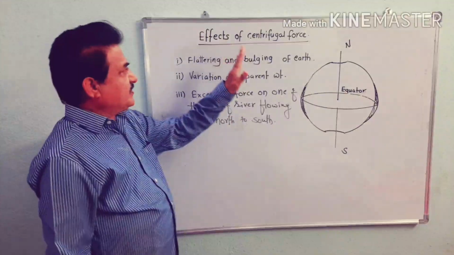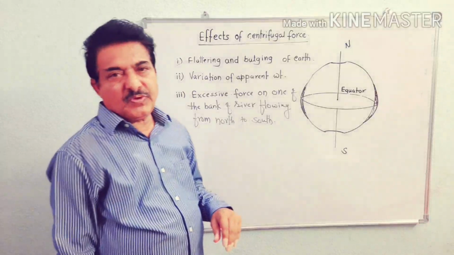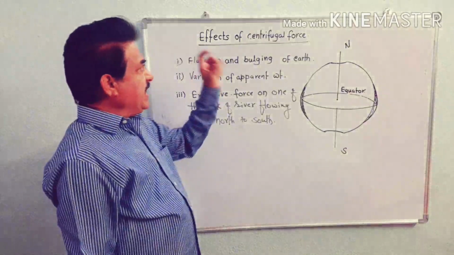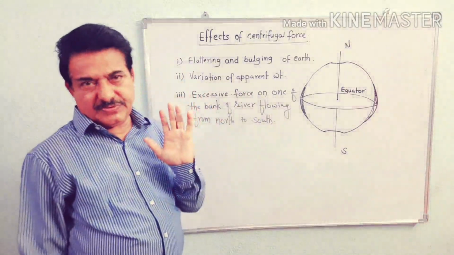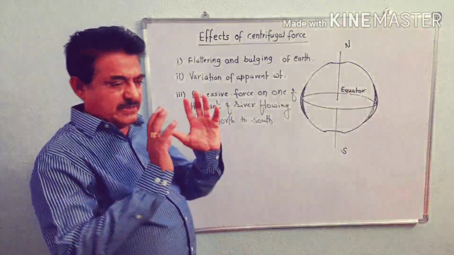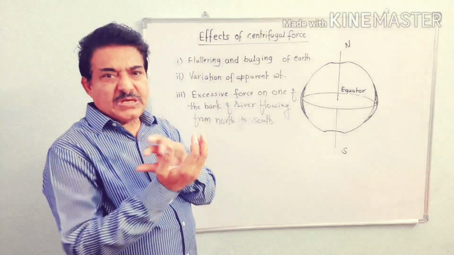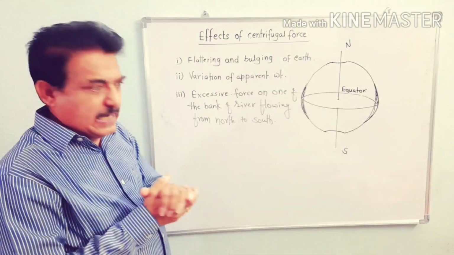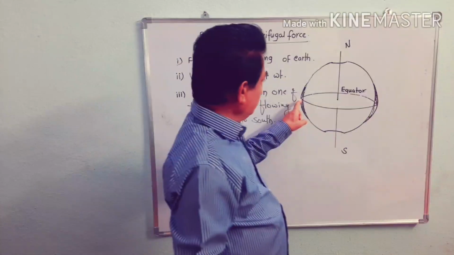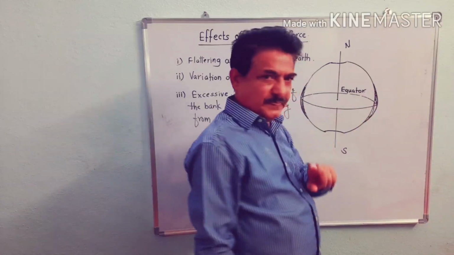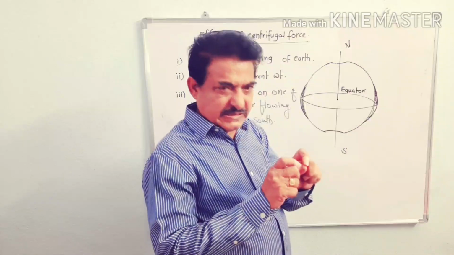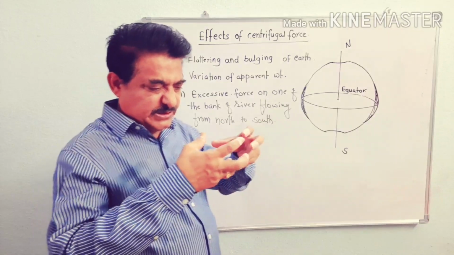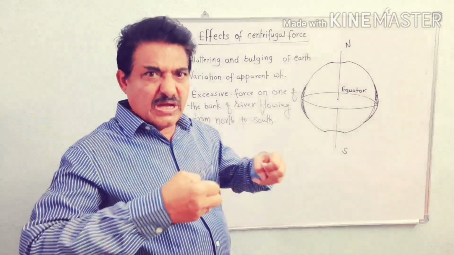So the effect of centrifugal force on the earth, or the effect of spinning motion on the earth. As the earth rotates, a centrifugal force acts on the body and that centrifugal force is maximum at the equator because the radius is maximum. So the masses which are present at the equator are pulled away.